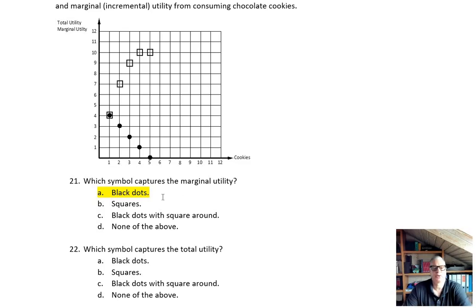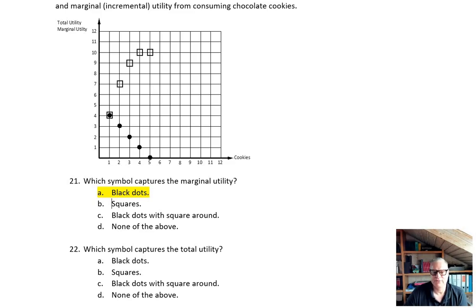So which symbol captures the total utility? That would be this one here. The first cookie gives me a total utility of 4. So if you move from no cookie to the first, the extra utility that you get is 4. But then if you have a second cookie, your total utility from consuming 2 cookies is now 7.